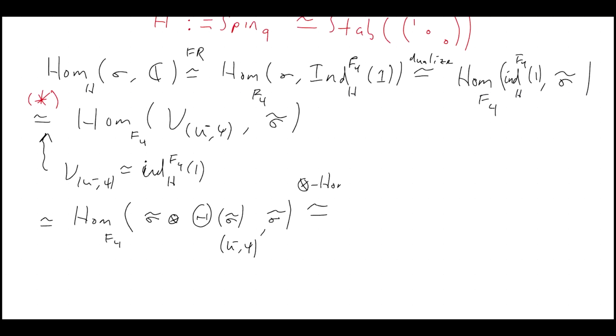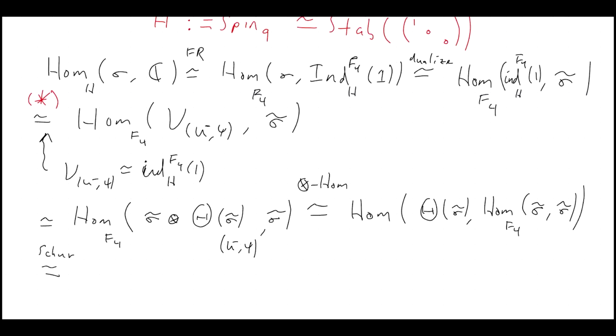Use the tensor-Hom adjunction to get, and then by Schur's lemma, the second factor is just isomorphic to C. And so we get big theta of sigma tilde into C. I have to write down the co-invariance.